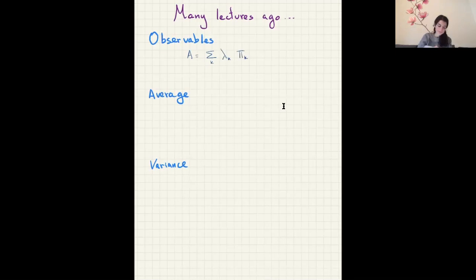This had the property that it was Hermitian, because these are real numbers.